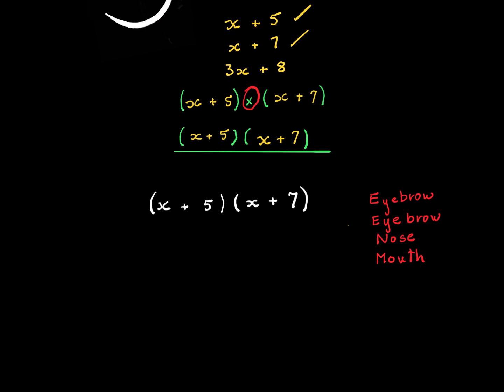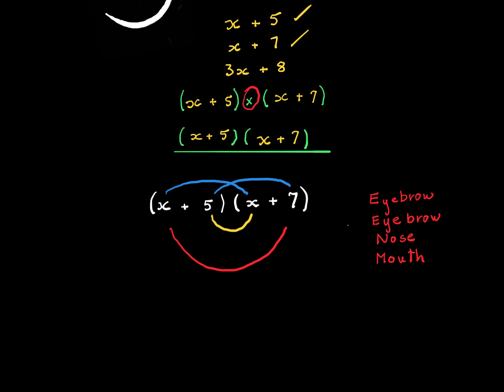And visually, we connect the x and the x together. That will make one eyebrow, and the 5 and the 7 together to make the second eyebrow. And then we will connect the 5 and the x together, and that should be our nose, and then the x and the 7 to make our mouth.